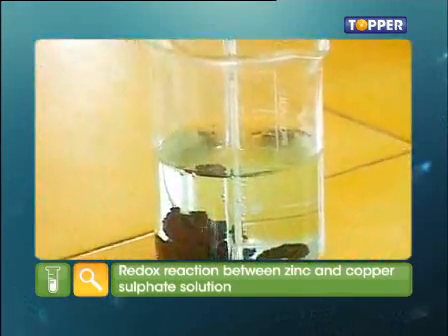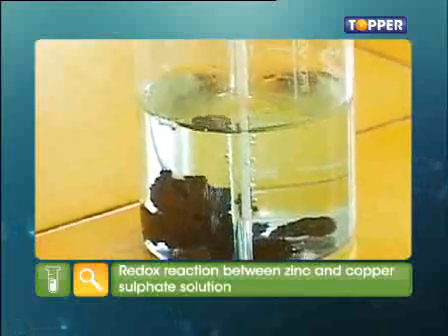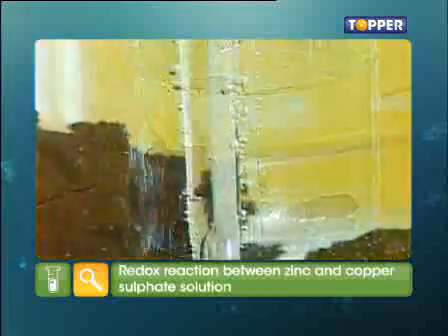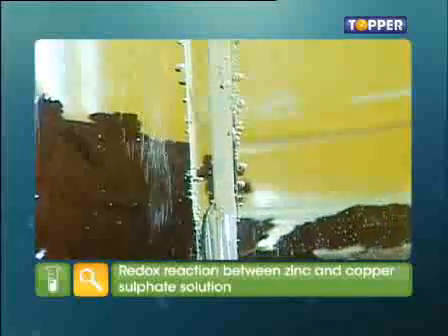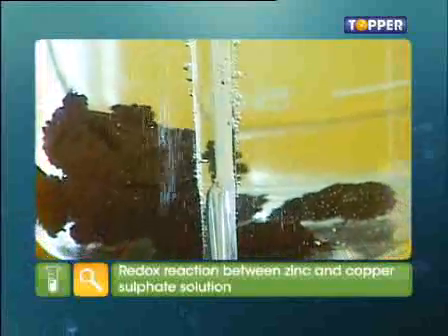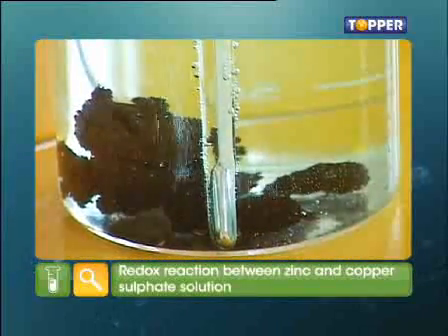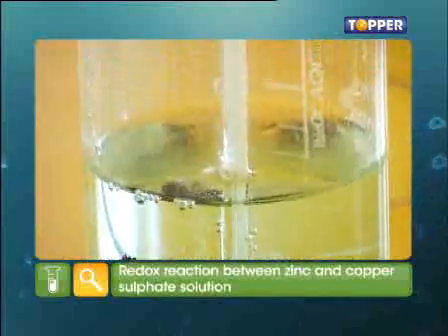After a while, you will observe that the blue color of copper sulfate solution has faded and a reddish-brown precipitate has settled at the bottom of the beaker. This precipitate is copper. We note the temperature once again.